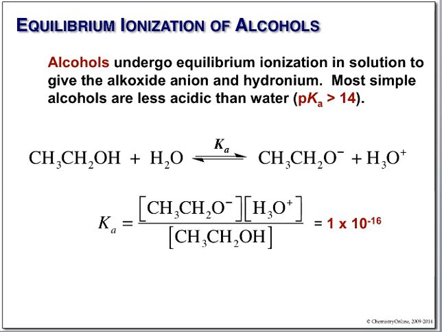Now the thing that determines how acidic a species is is the anion here. The more stable the anion, the more you're going to shift this equilibrium to favor formation of the anion. That kind of makes sense, doesn't it? The more stable it is, the more you'll have.